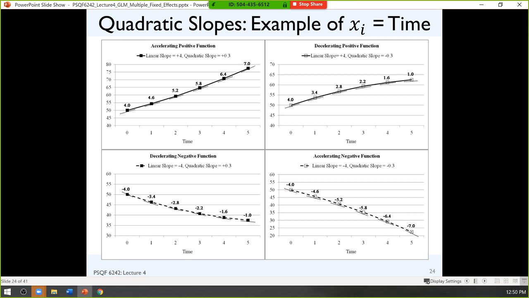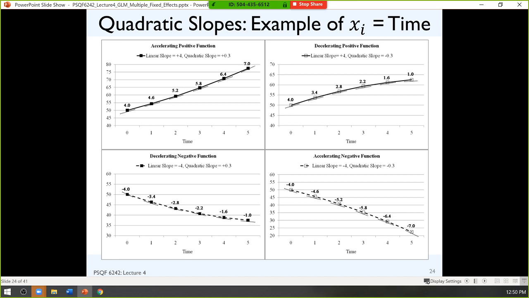Because eventually it's going to switch directions. So what's constant is how the slope changes per unit of the variable. That's what's constant. So how the linear slope changes is constant across the function. The linear slope itself is not constant.